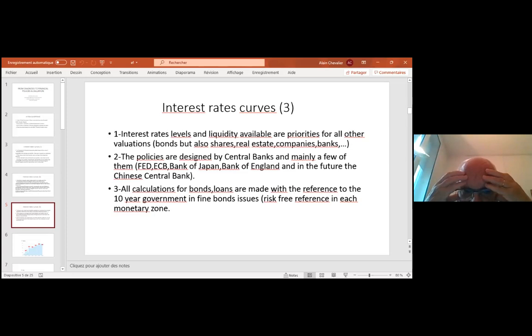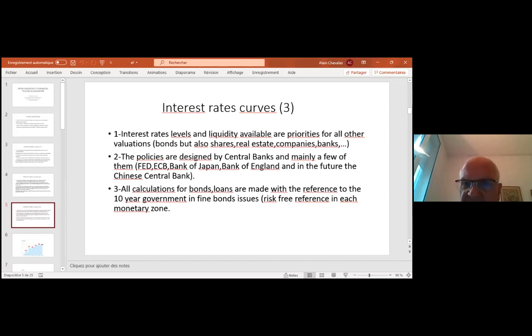Remember also, when we have to go for calculations and compare different bond issues and loans, you need a common reference. And the common reference is the 10-year government infinite bond issue.